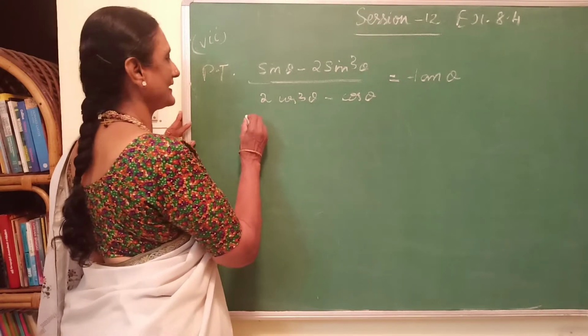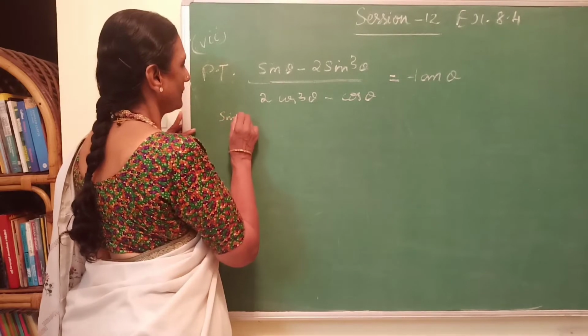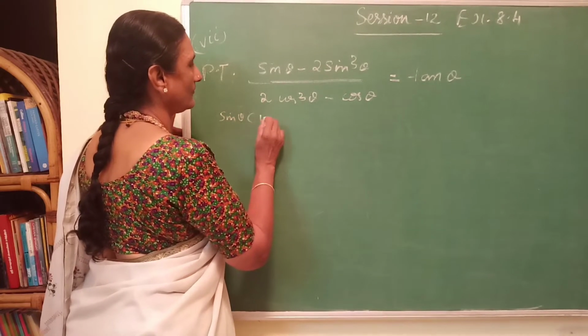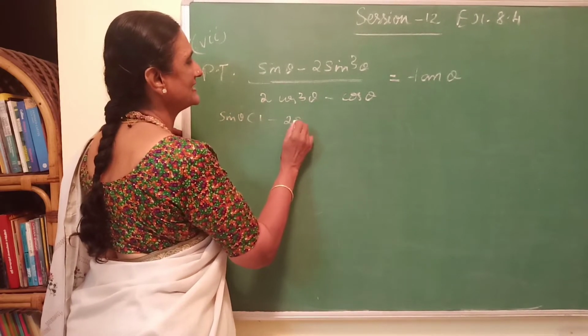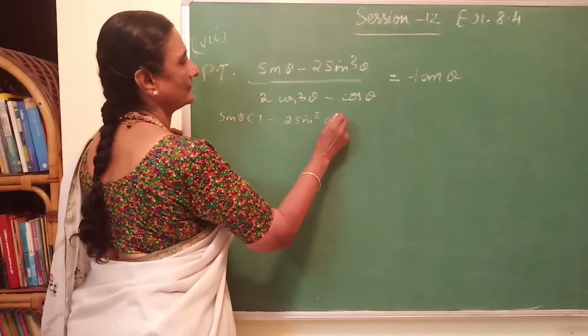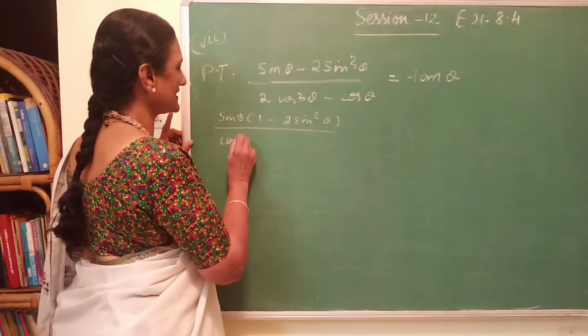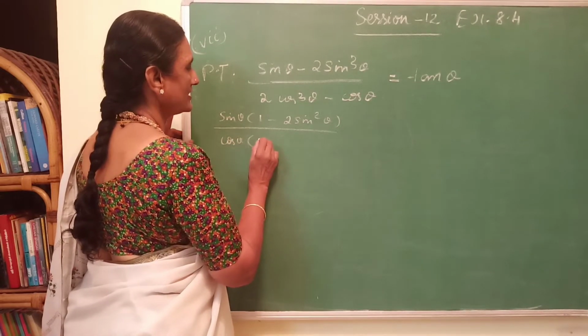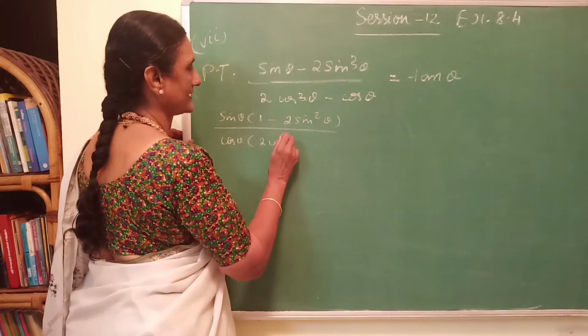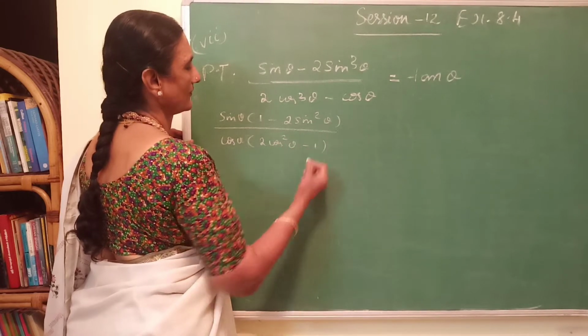So we are taking that sin theta out from the numerator. It will become 1 minus 2 sin square theta, and in the denominator we will be taking out cos theta. We'll get 2 cos square theta minus 1.